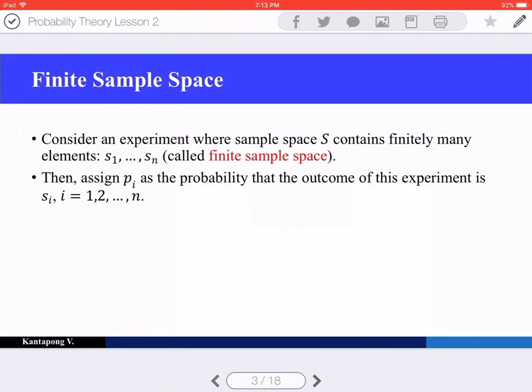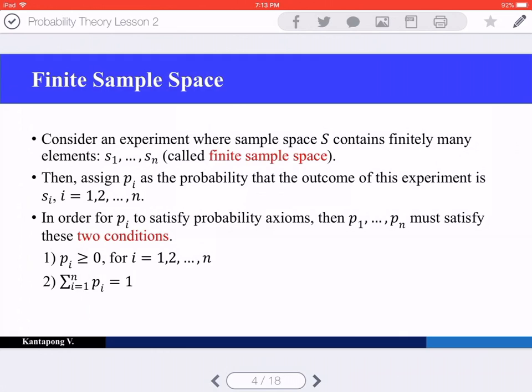Then, after we got each element of the sample space, we assign the probability of the outcome of each experiment, that is Si, as Pi. So, like last time, we are going to narrow down the axioms of the probability measure into 2 basic axioms, where we are going to use these properties quite often, because the finite sample space is the case that we deal with quite often.